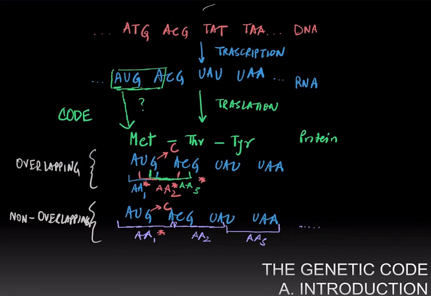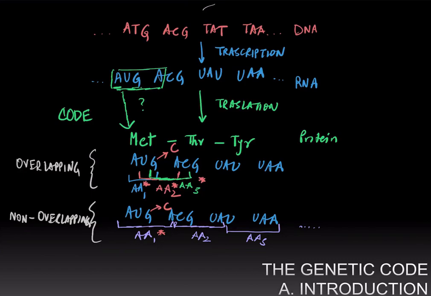So there are distinct predictions of what would happen with substitution mutations depending on whether you have an overlapping code or a non-overlapping code. In the case of an overlapping code, you would expect more than one amino acid to be changed when one nucleotide is substituted for another.